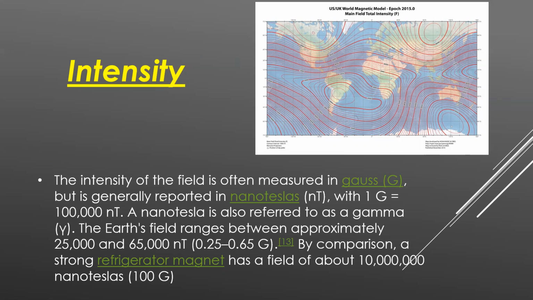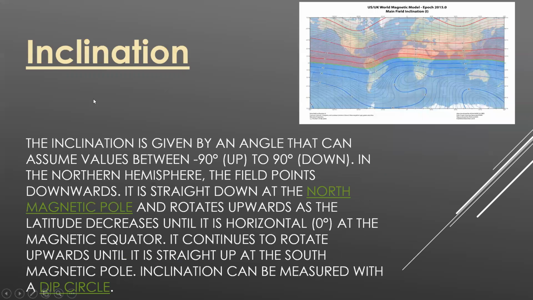The Earth's field ranges between approximately 25,000 and 65,000 nanotesla. By comparison, a strong refrigerator magnet has a field of about 1 million nanotesla, that is 100 G.